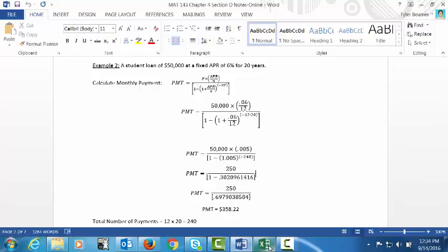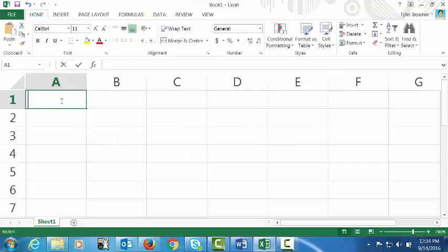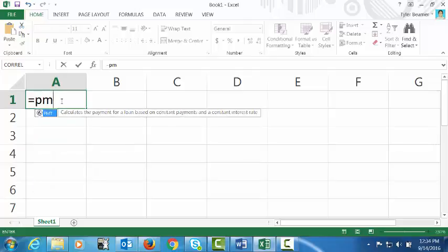So if we open up Excel, double click in a cell, so I'm in A1. Start every function with equals, so equals, and then start typing in PMT, and we want to use the payment function. You can see that it comes up here. Double click on it. So Excel gives you the arguments that you need to provide.